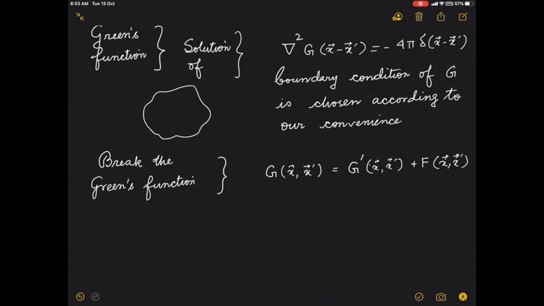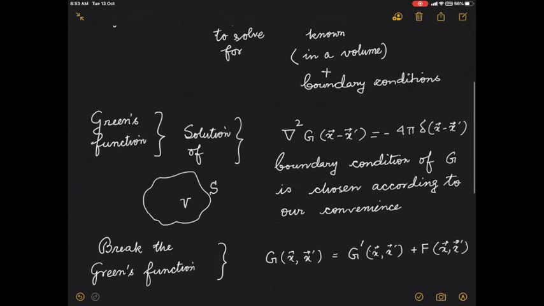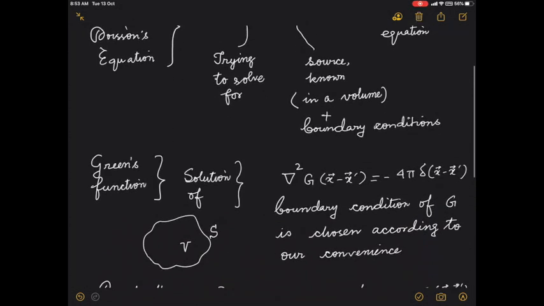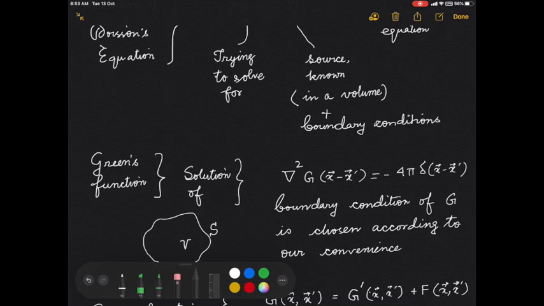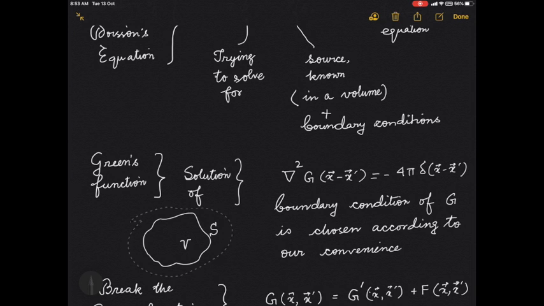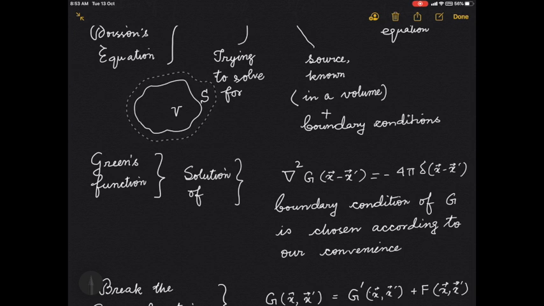At this point, I should remind you of the setup. The setup is that I have a finite volume V, which is surrounded by a surface S. So this is the setup for our original Poisson equation. So let me keep the setup at the place of the Poisson equation here.